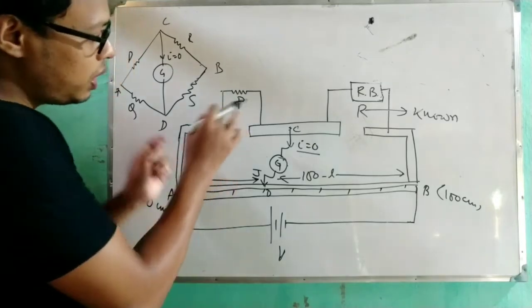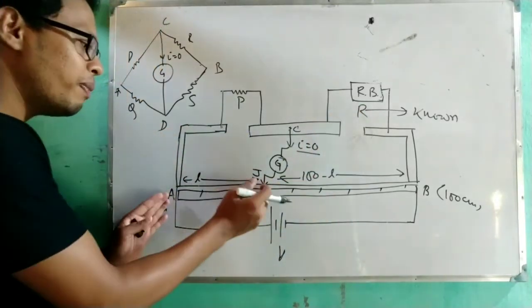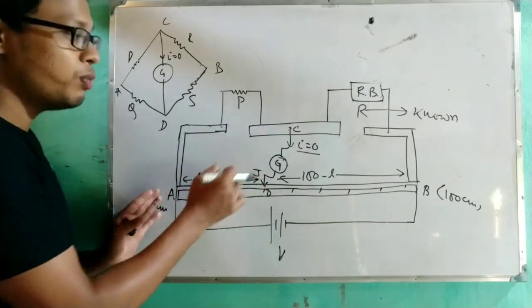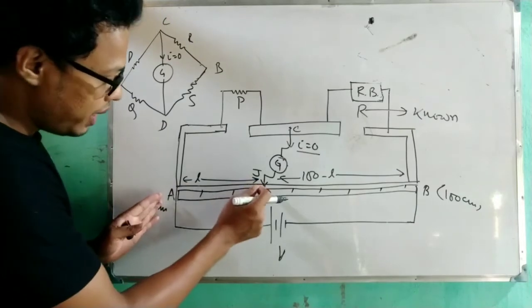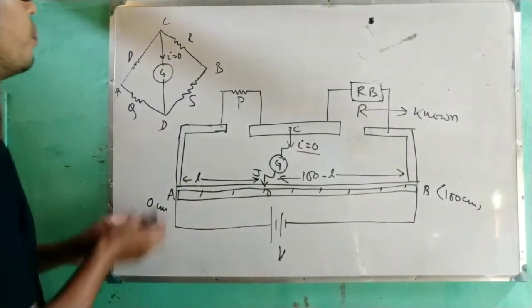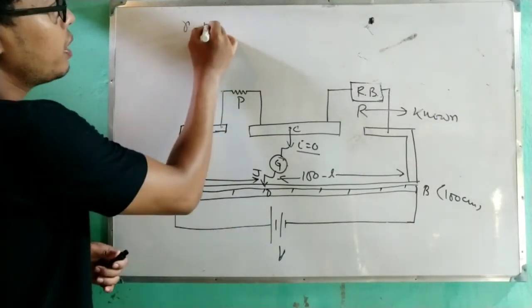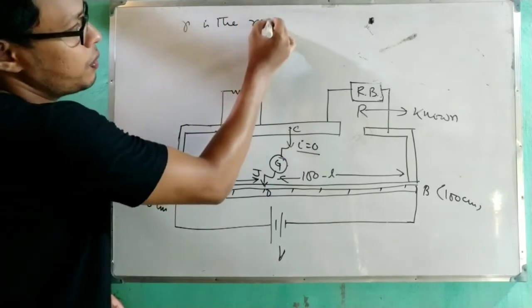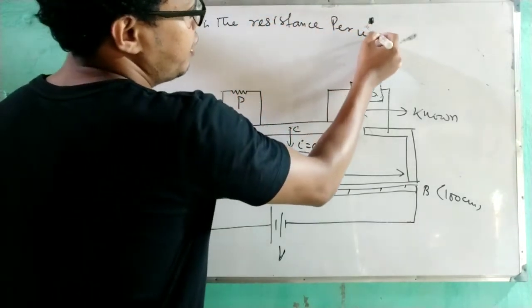Clear? Now see, it is P, Q, R and S. We don't know the resistance of the length, so we suppose the resistance; I am calculating the resistance of the wire, which you have to find. How do you find the resistance? Look, suppose small r is the resistance per unit length.